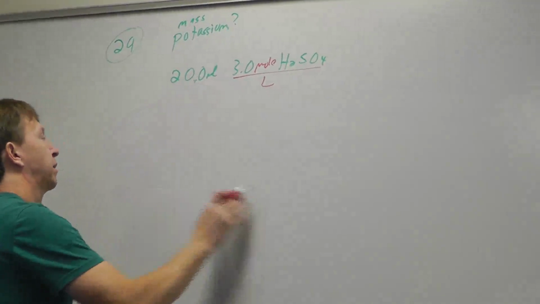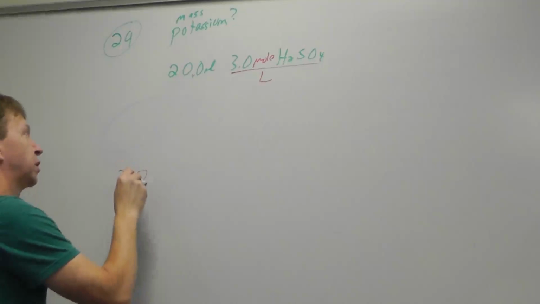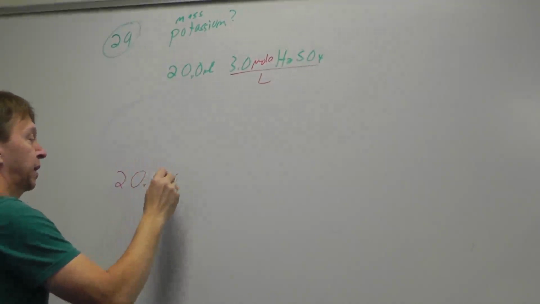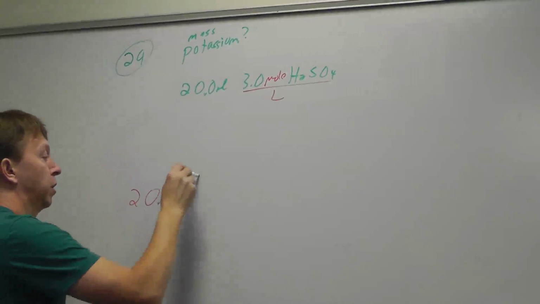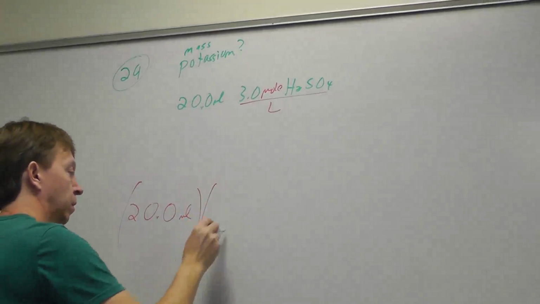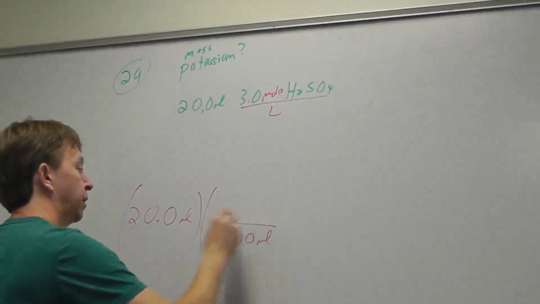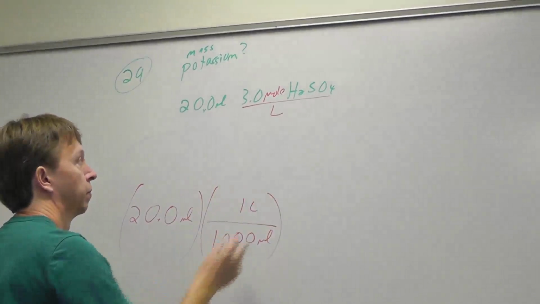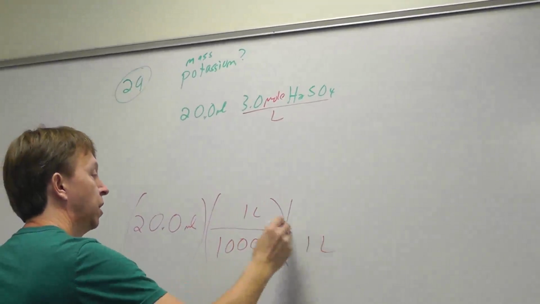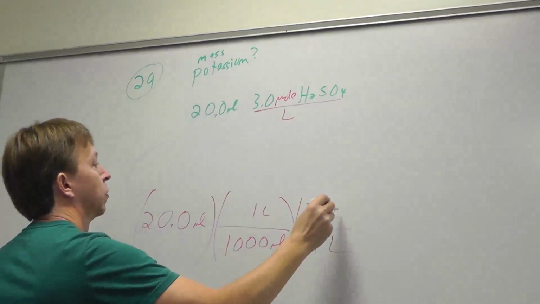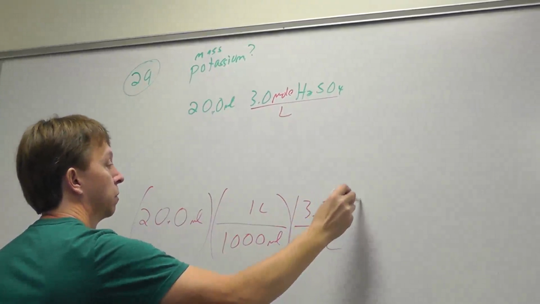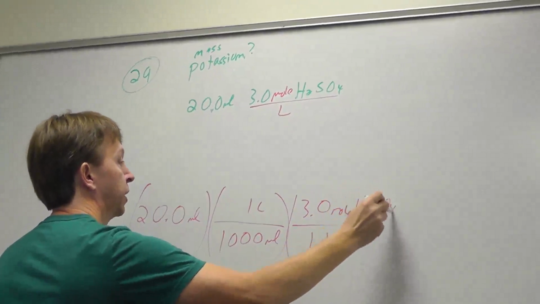So setting up the math is going to look like this. We start with our 20 milliliters because that's the number that has just the one unit. 1,000 milliliters is a liter. 1 liter contains 3.0 moles of H2SO4.